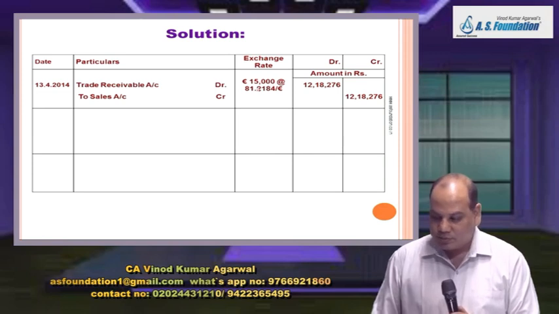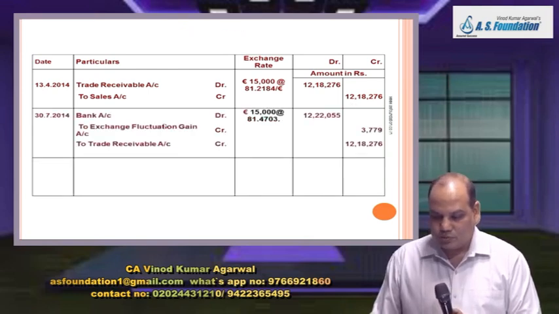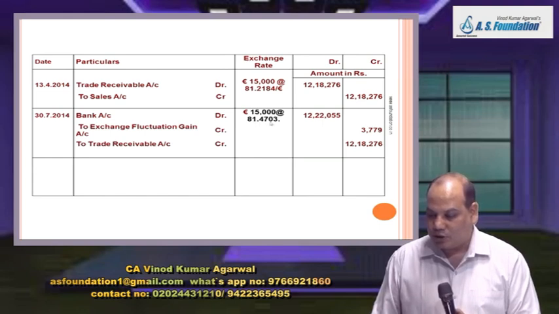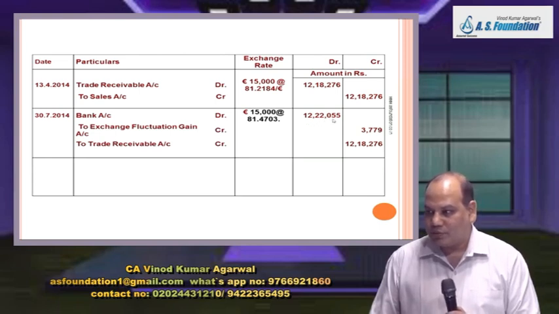Take your calculator. Don't copy the answer. Type on your calculator 15,000 into 81.2184 equal to 12,18,276. Correct. And then you receive the payment. When you receive the payment, the rate is 81.4703. Again, type on your calculator 15,000 into 81.4703: 12,22,055.